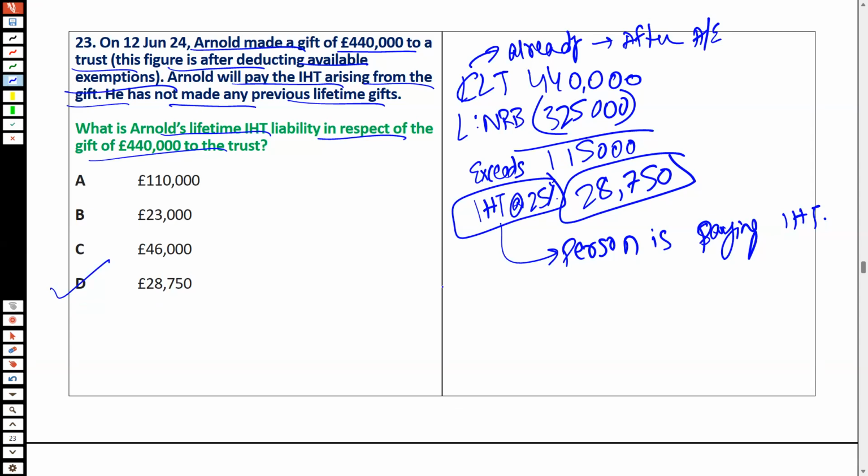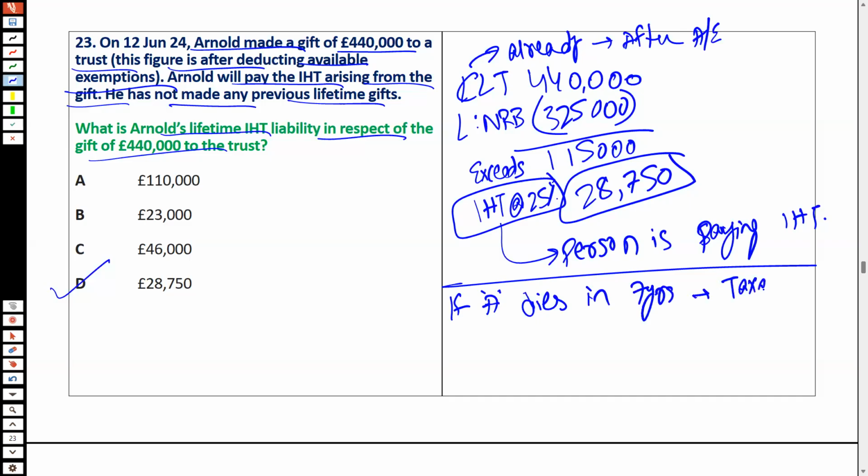Yes, the person is paying the tax. That's why it's 25%. That's point one. Point two, if Arnold dies within 7 years, this CLT would become taxable. What will be the taxable amount of the CLT?